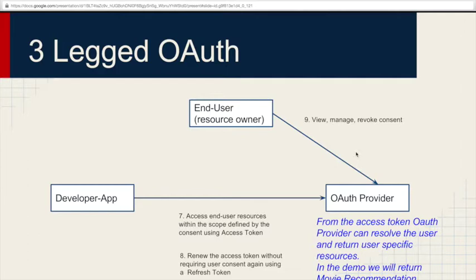So it could be limited by type of resources, it could be limited by time, and so on. And within that time period of the consent, the developer app can also renew the access token if it is supported by the OAuth provider by means of a refresh token.